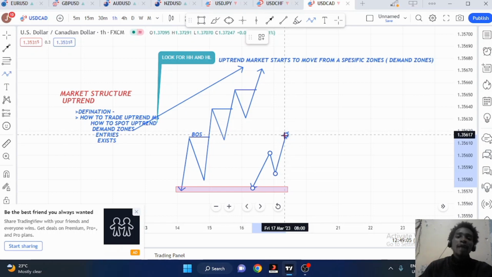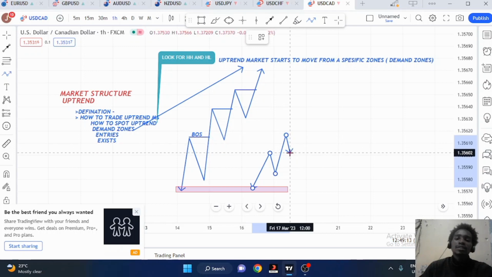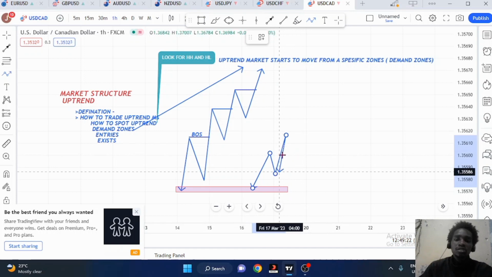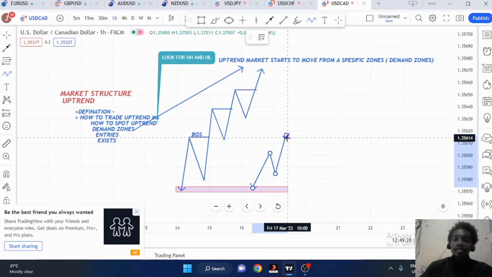Now, you don't enter from this position. What do you do? Wait for the market to pull back to a certain level, right? Within this area, you have to identify where the demand zone is, and how you identify a demand zone is very simple.